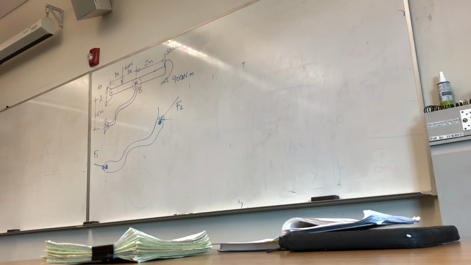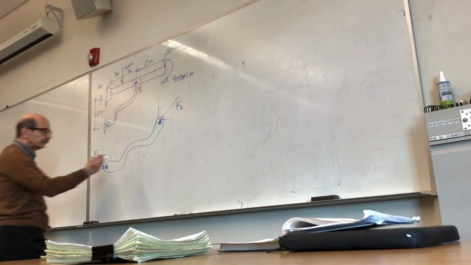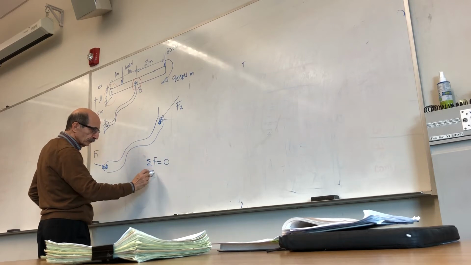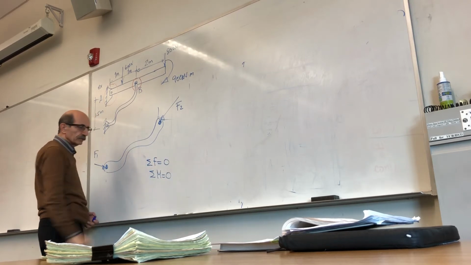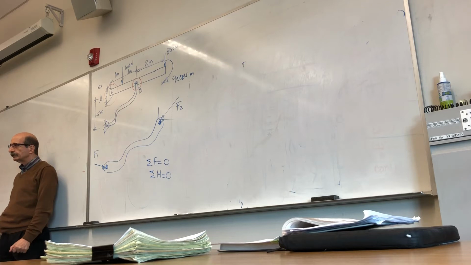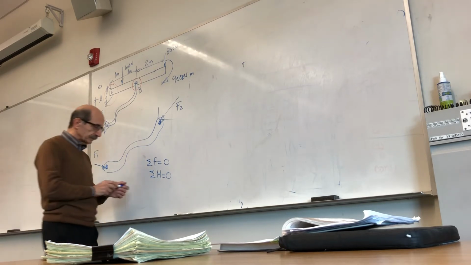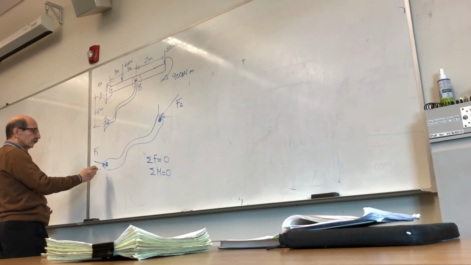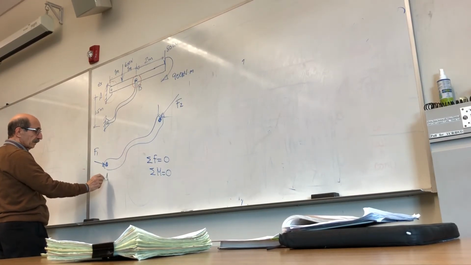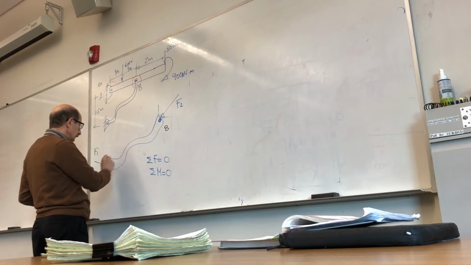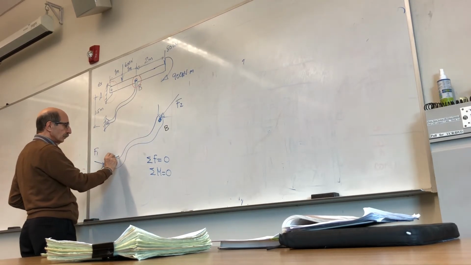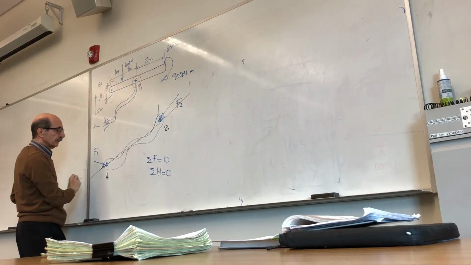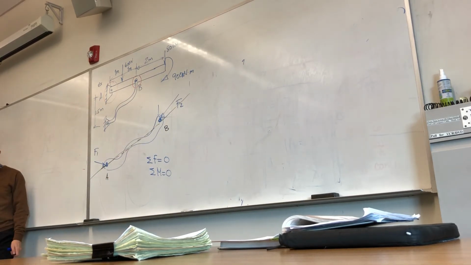If this is going to be in equilibrium, that means the summation of forces acting on this structure, and the summation of moments acting on this structure, have to be zero, right? So let's look at it this way. I will call this end A and this end B. Let's connect these two with a straight line that connects the two ends.